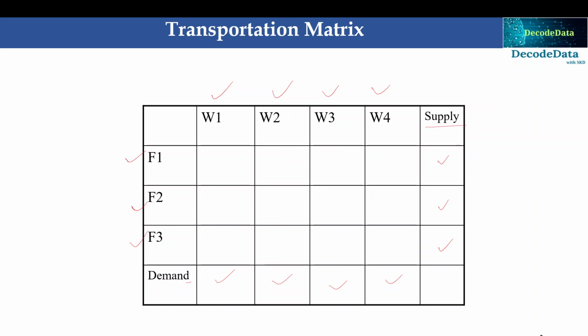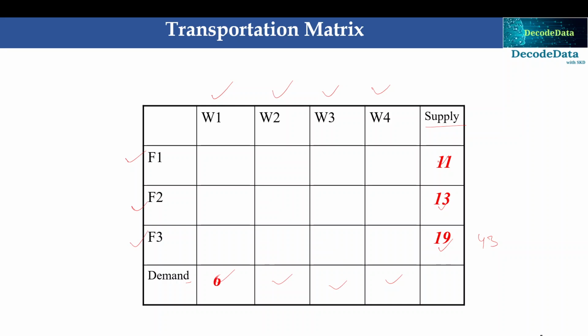Let's see. Factory 1 is producing 11 units of whatever, trucks, cars, whatever it is. Factory 2 is producing 13 units and factory 3 is producing 19. If you club all of this together, the total supply will be 43: 11 and 13 is 24, 24 plus 19 is 43.